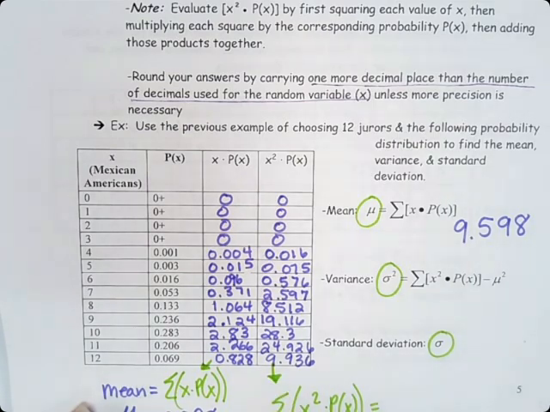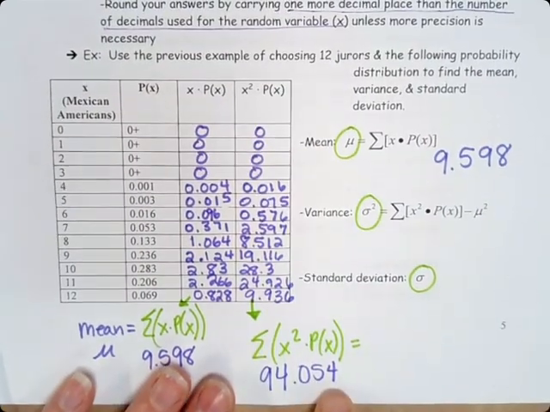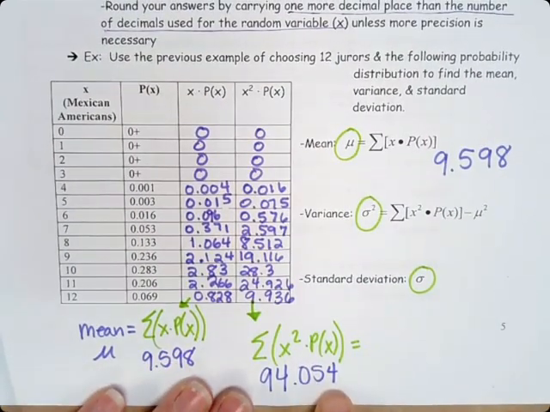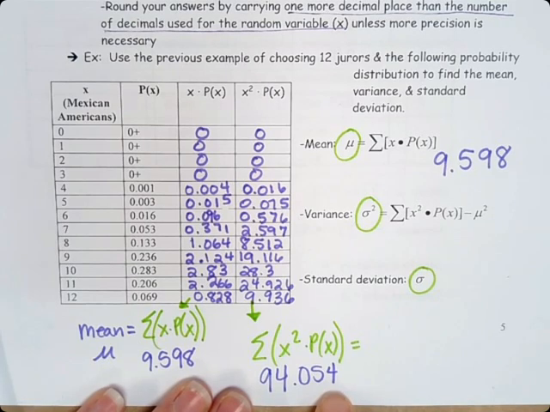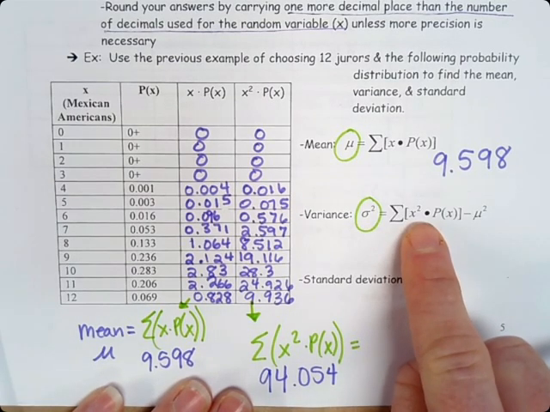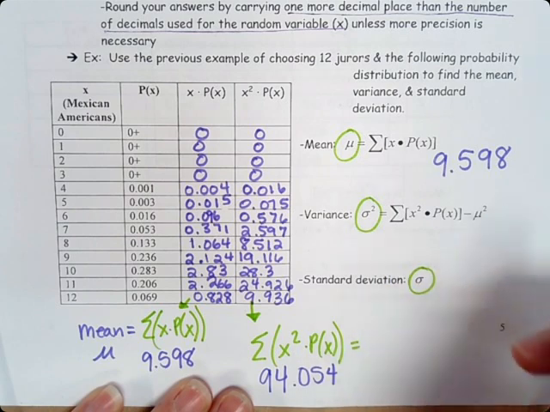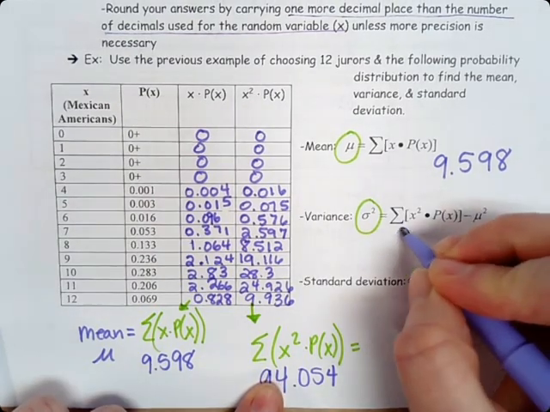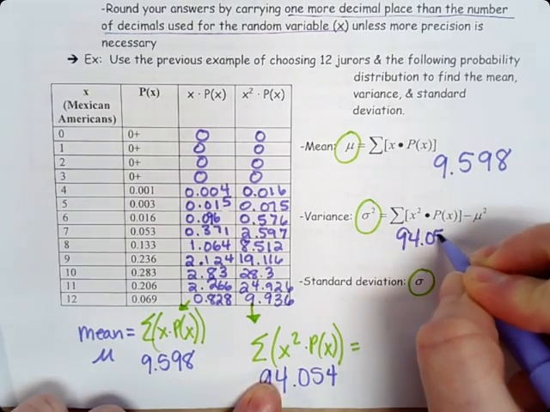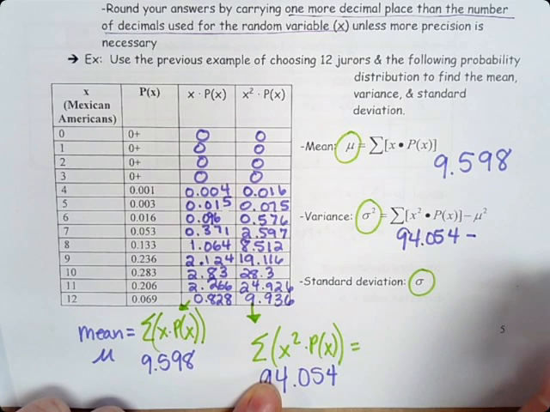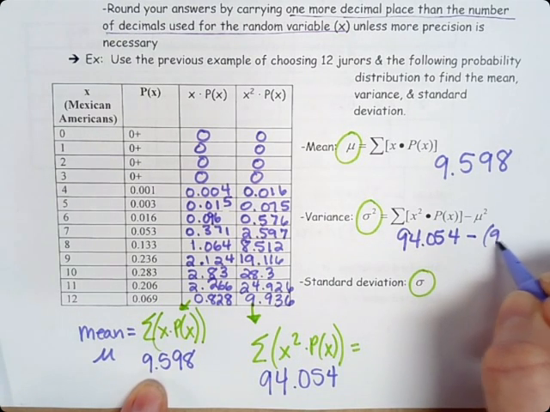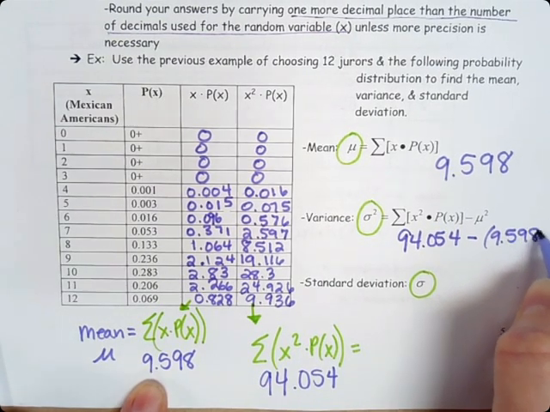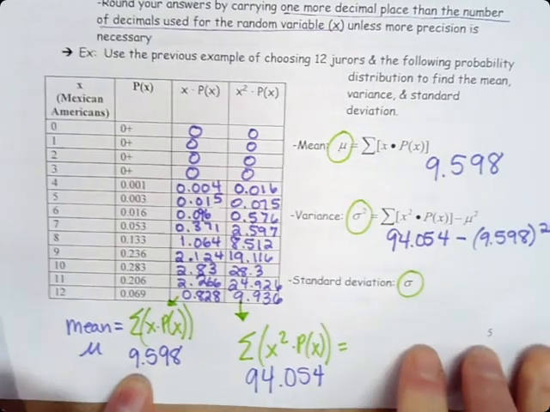Yeah. Okay, and then where we add on, you do the summation, 94.054. So in order to find our variance, we are going to do the summation and then of this. So this is our 94.054 minus mu squared. So we need to do the mean squared.